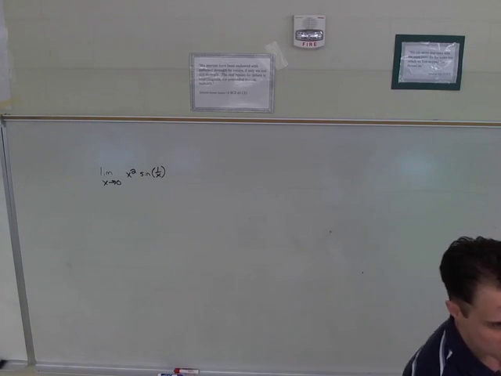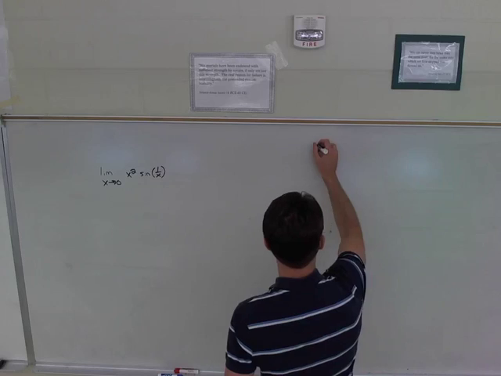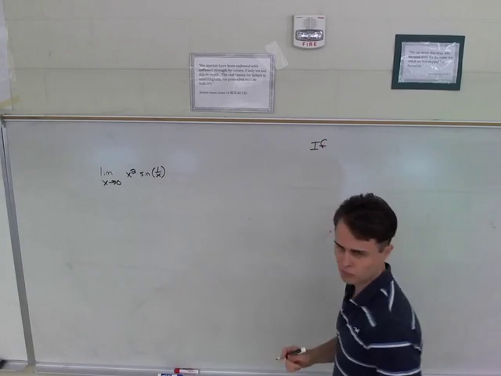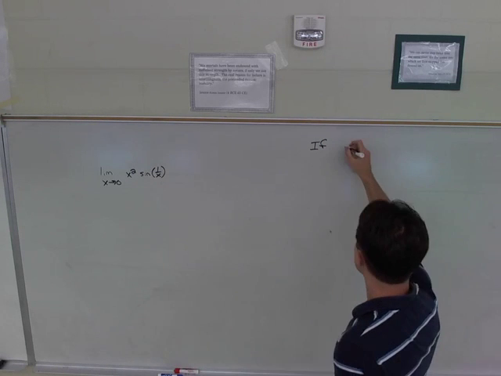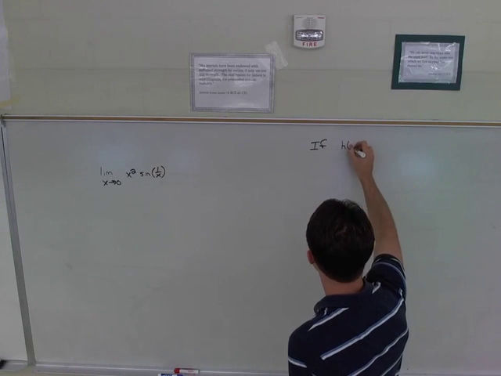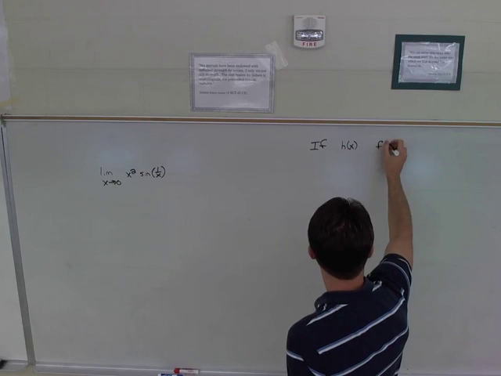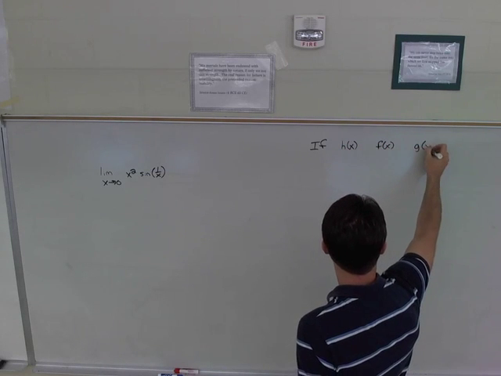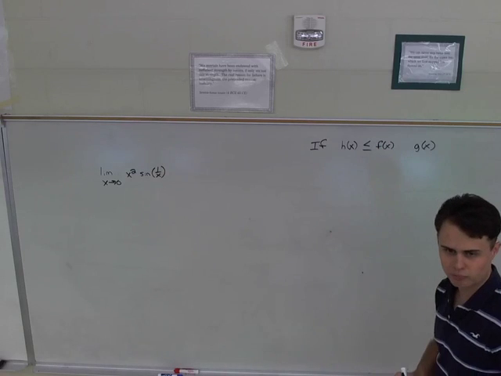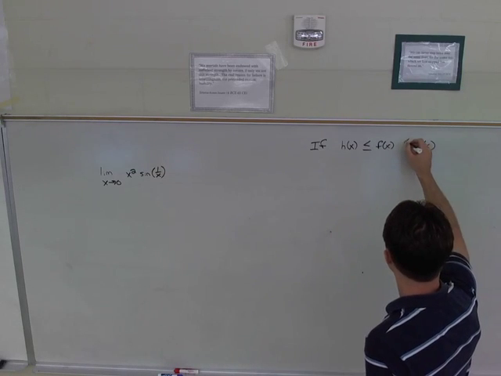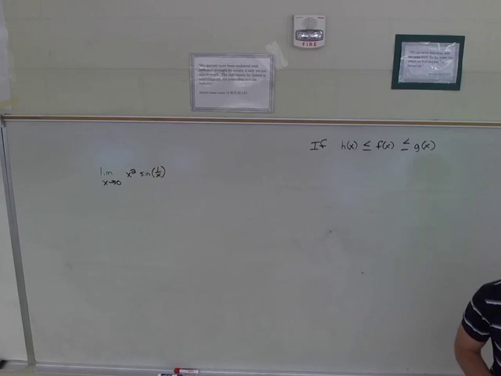Now what the squeeze theorem says, let's see if I can remember it well enough, okay? So we need, this is an important one to read. It says if you have three functions, so let's say we have h, f, and g, we'll say that h is the small one, f is in the middle, and g is the one on top.